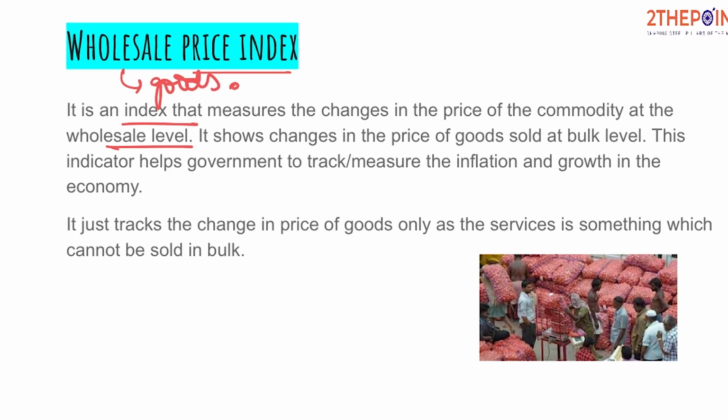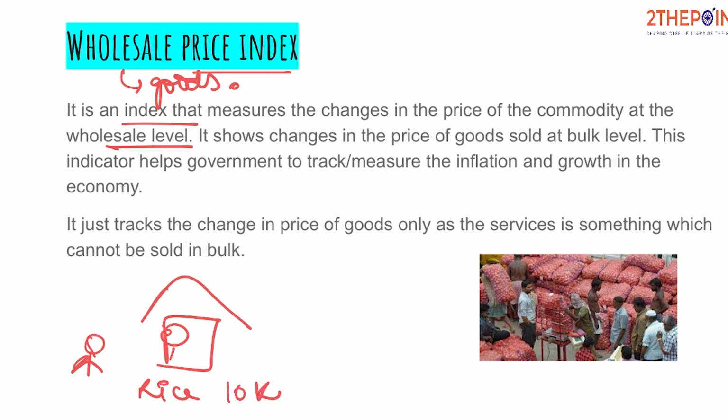Let's suppose there is a consumer who goes to a shop to buy some apparel, or let's say rice. Here at the shop this person gets rice at the rate of 10 rupees per kg. But this shop also must have acquired this rice in bulk from some factory or some supplier.